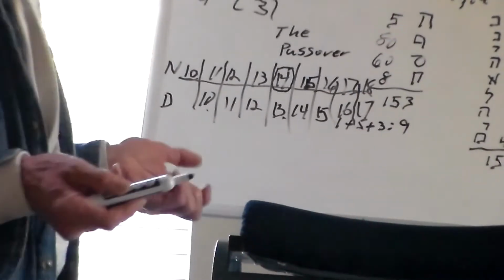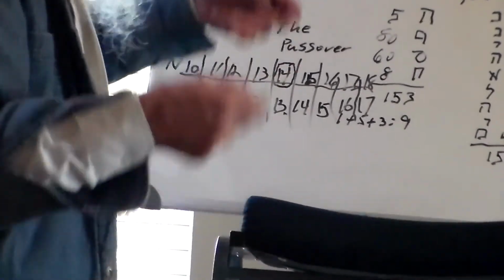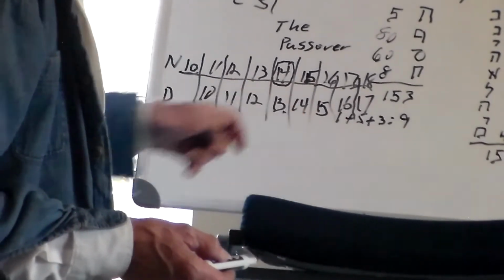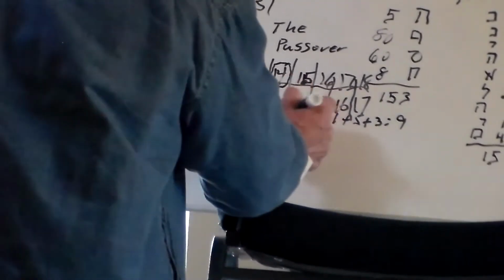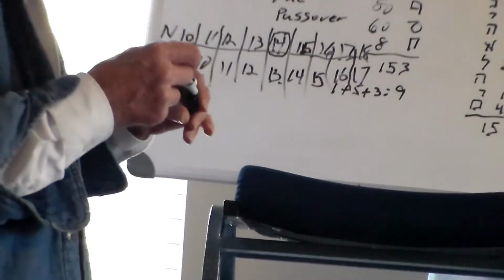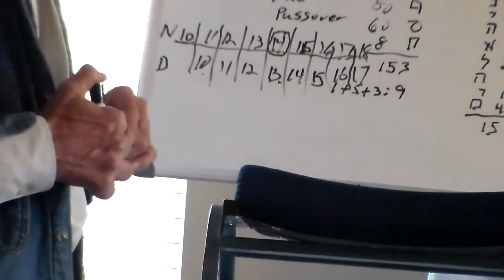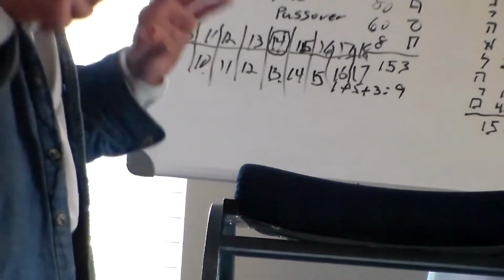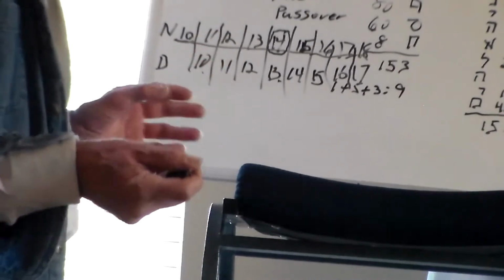He's betrayed by Judas, he's taken from the garden. Okay, the 14th of Nisan, at the 3rd hour of the day, he's nailed to the tree of sacrifice, right? And from the 3rd hour of the day to the 9th hour of the day, he's on the tree.